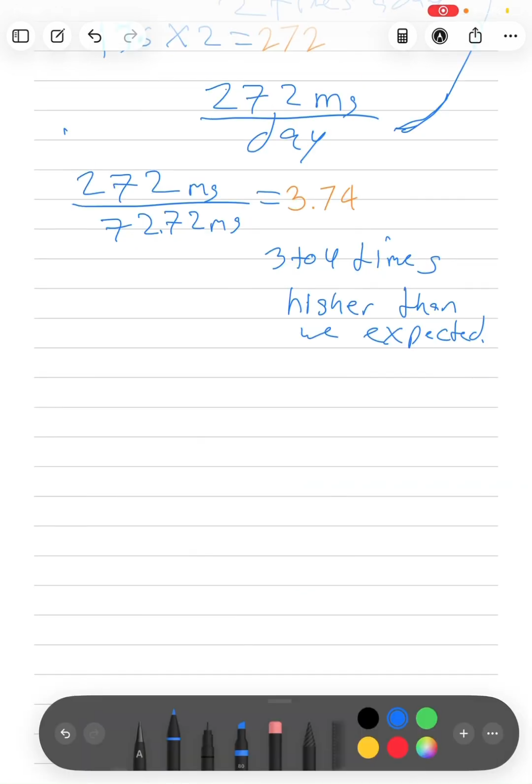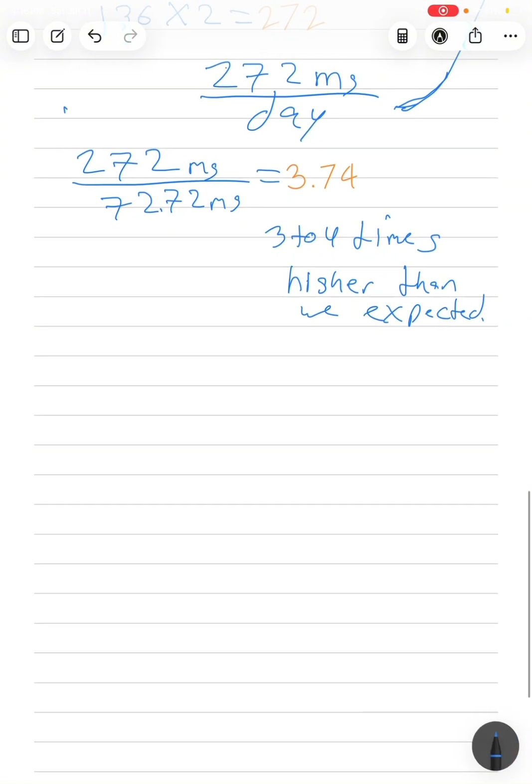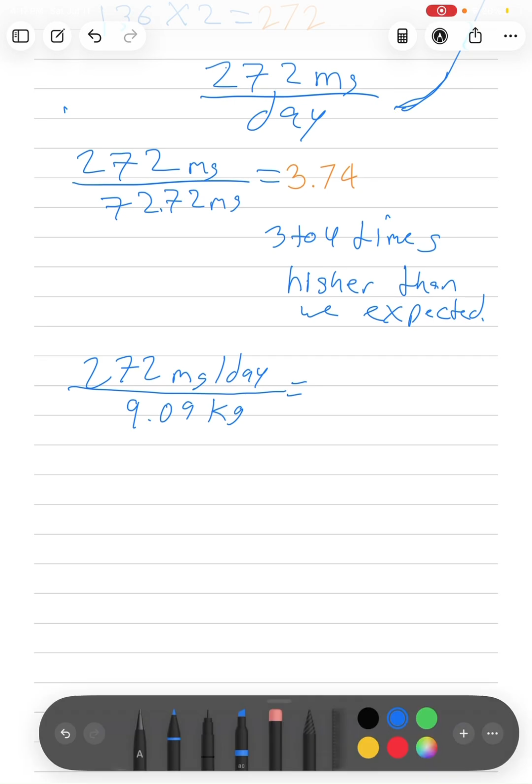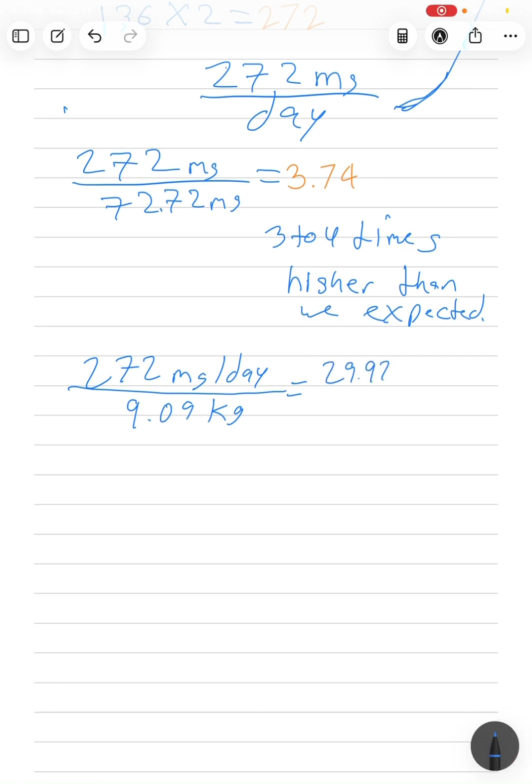If we want to see what the current milligram per kilogram dosing is, all we have to do is take the total amount of milligrams that the patient's going to receive, which is 272 milligrams per day, divided by the child's weight, which is 9.09 kilograms, which gives us an answer of 29.92 milligrams per kilogram per day.